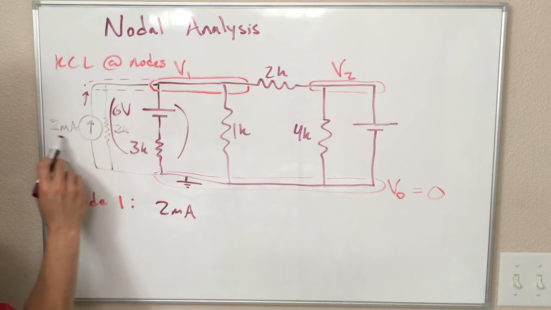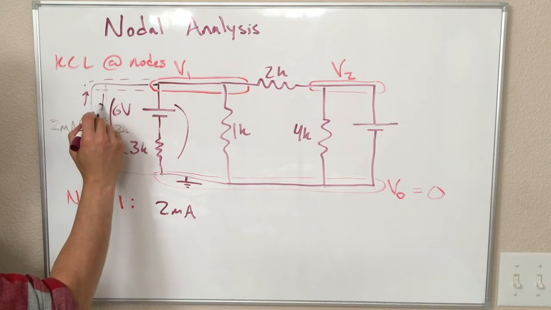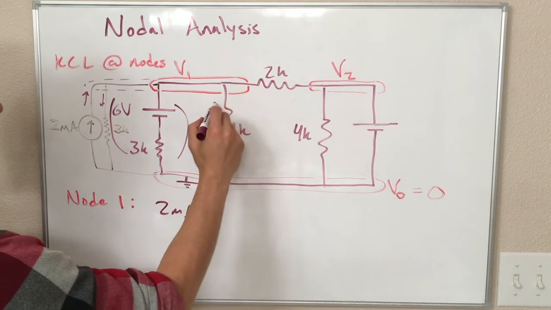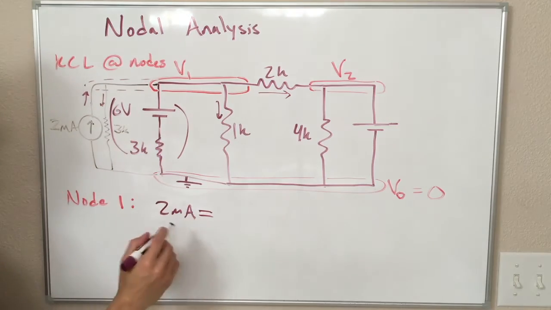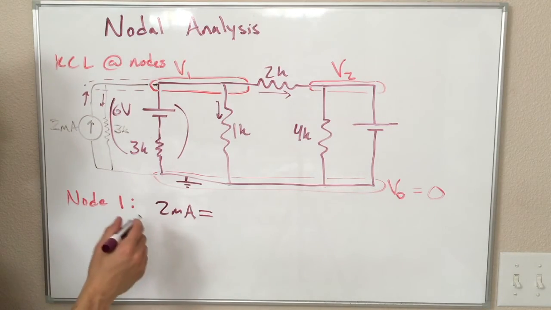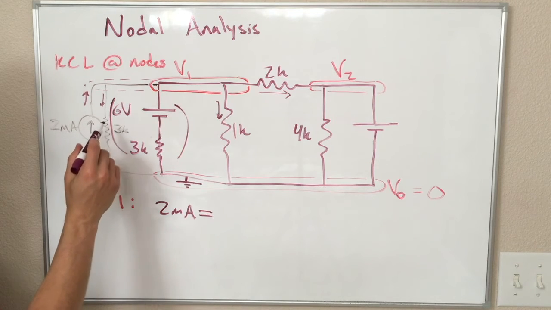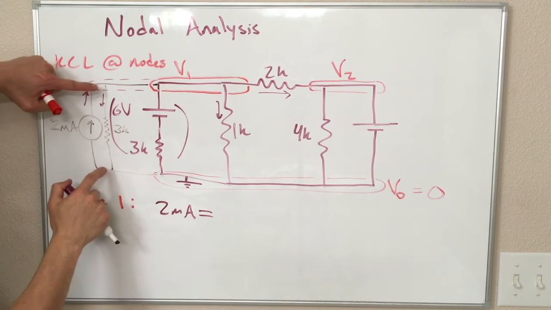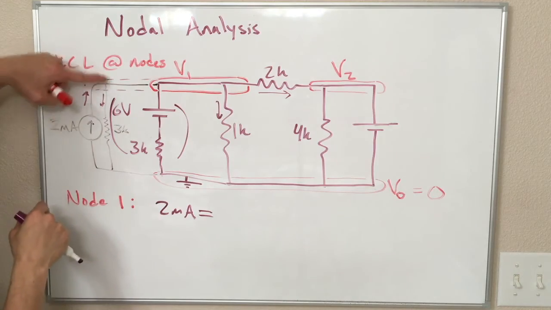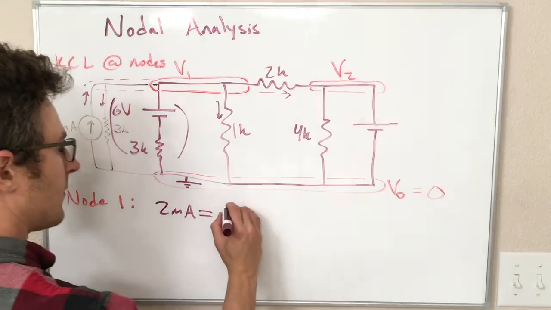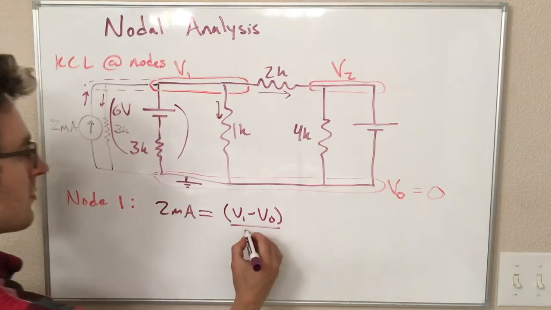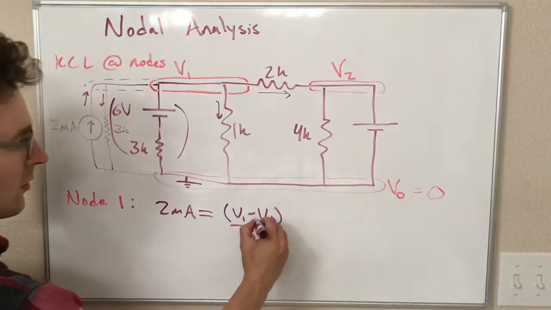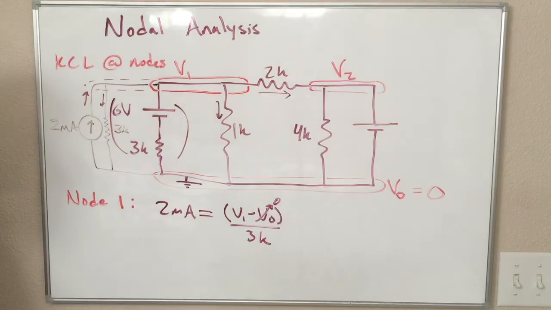I'm going to say this current's going in. We're going to say this one's going out, this one's going out, and this one's going out. So 2 milliamps is equal to, I equals V over R, so we want the voltage difference across this resistor, that is V1 minus V0 over R, which is 3K. And of course, V0 equals 0, so we could have plugged that in also if we wanted.